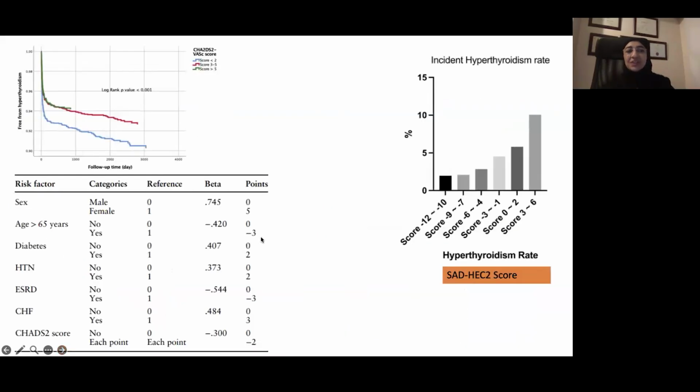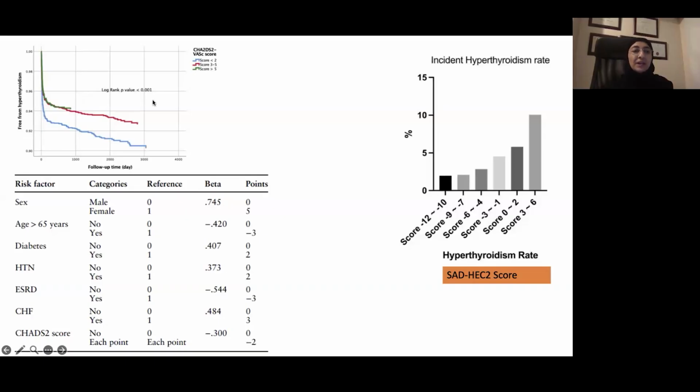So this is the risk calculator. You give each a point. So gender being female, age above 65, you give 1 point to. The presence of diabetes, hypertension, end-stage renal failure, congestive heart failure, and CHADS2 score. You score the CHADS2 status. So the higher the CHADS2 score, the higher score you will be getting.